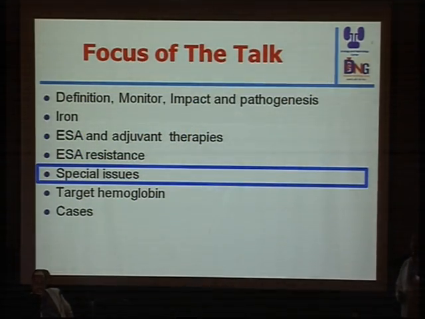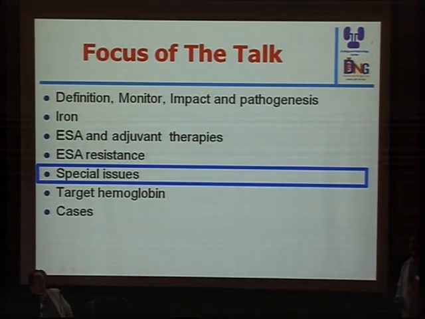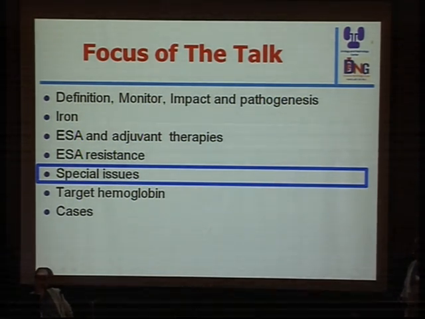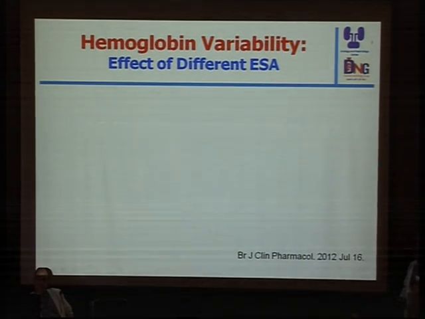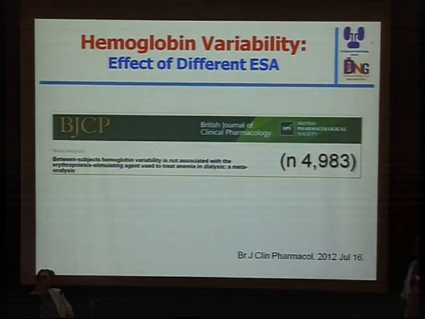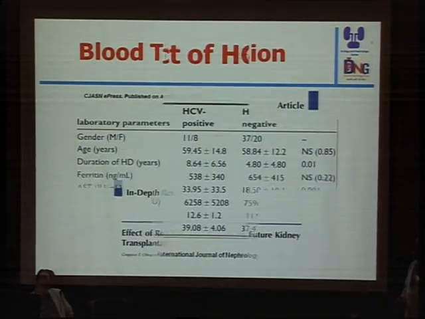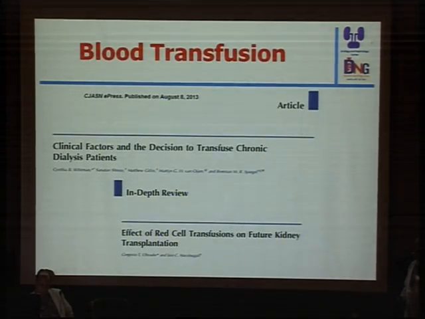At the end, if you cannot get rid of the factors, we should avoid blood transfusion as much as we can. But if the patient has severe anemia and is symptomatic, you may be obliged to give blood transfusion. Variability, I'm not going to discuss these details because I know that you are fully saturated.